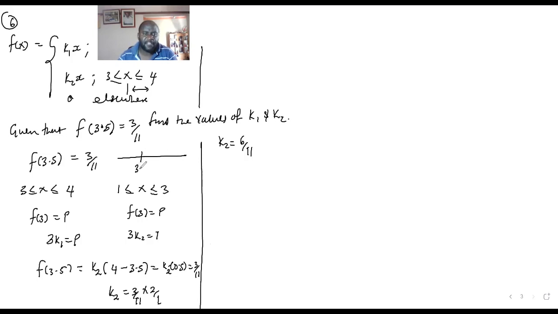If this is where 3.5 is, and this is where 4 is, because 4 is the last value. If you remember, if you're to look for the probability, we integrate. I mean, we substitute the function f of x is equal to something, and then you get the probability. Now, when we have 3.5 as x, 3.5 lies between 3 and 4.